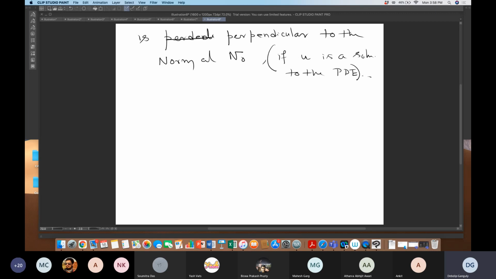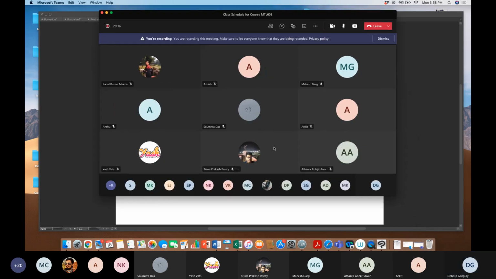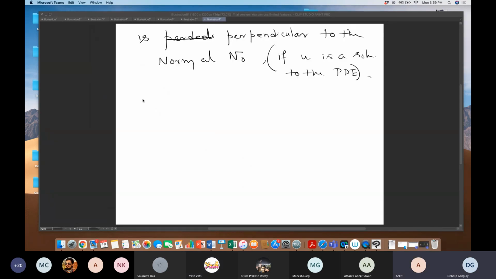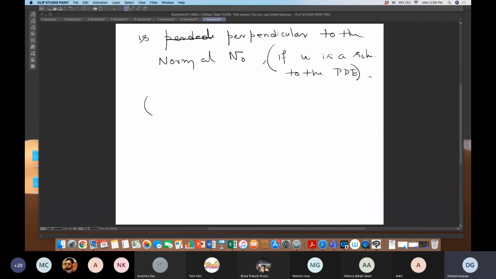Agree or not? All of you agree? Yes, sir. Why? Because what is the normal at n naught? It is ux at x naught, y naught, uy at x naught, y naught, minus 1, and its dot product with a, b, c should be equal to 0, right?